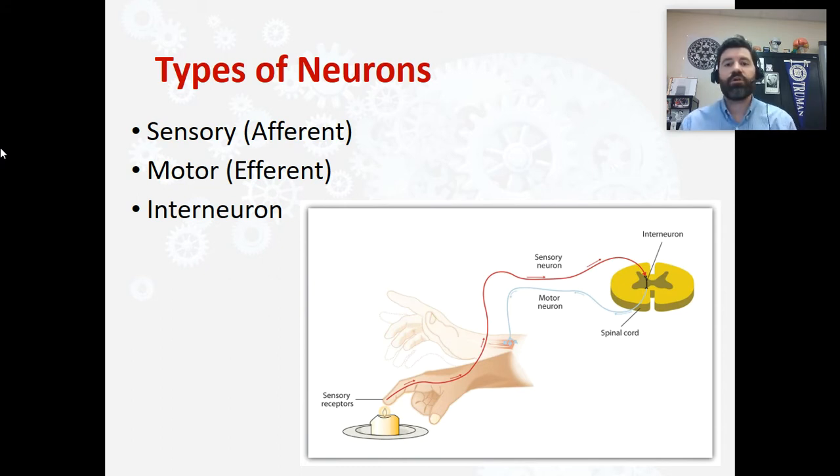And when it hits the interneurons in your spinal cord, a message will be sent down toward your hand or your foot through motor neurons without even needing cognition, meaning you can withdraw your hand from that hot candle flame even without your brain telling you to do it. That's why it happens so incredibly fast, because the interneuron will turn it around and send a message through motor neurons to your hand, your foot, or whatever it may be. And so we call it a physiological reflex.